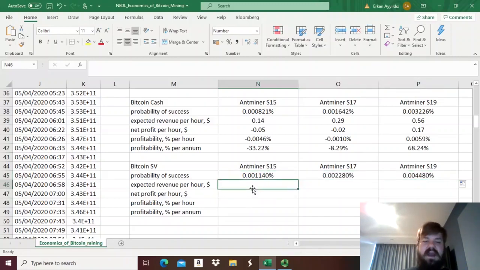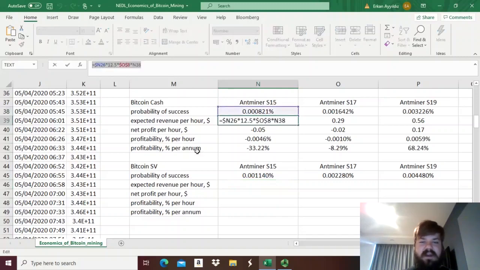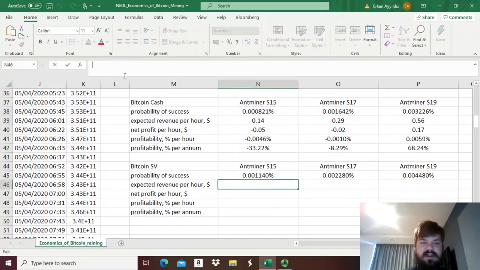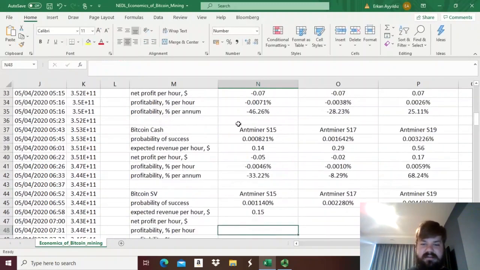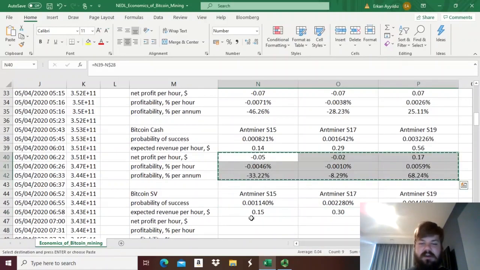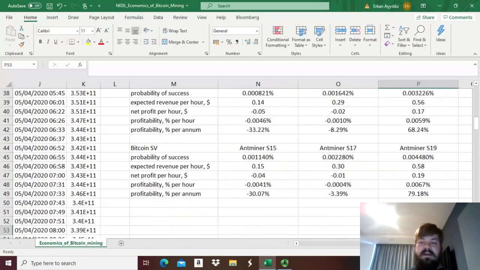And expected revenue per hour, again, we can just copy this formula and adjust it to the Bitcoin SV blockchain. So change this probability of success and change this hash rate. And then those cells we can just copy across and see that for Bitcoin SV, the profitability is greater still.